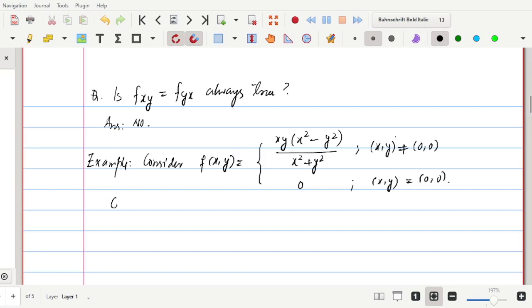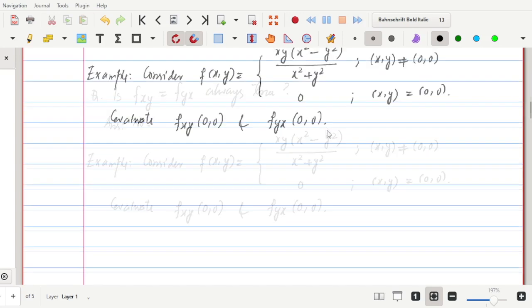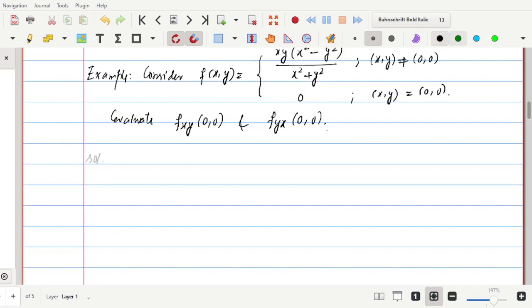Now our question is, evaluate fxy at 0, 0 and evaluate fyx at 0, 0. So let's come to the solution. First of all, we evaluate the first order partial derivatives, and then we can evaluate the second order partial derivatives.